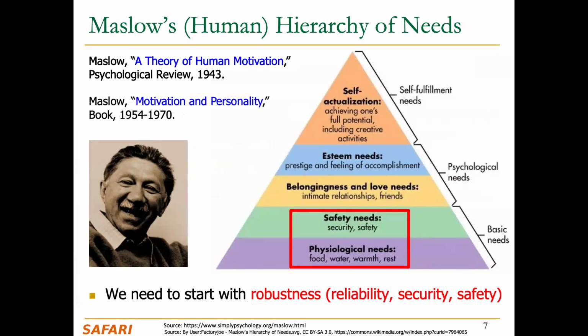And I used this to motivate that we need to start building really fundamentally robust systems, safe, reliable, and secure systems, so that we can actually do something much more intelligent with our computers. If we are threatened in robustness, we will not be able to trust the machines that we built, like self-driving cars, or if we go to space, for example.